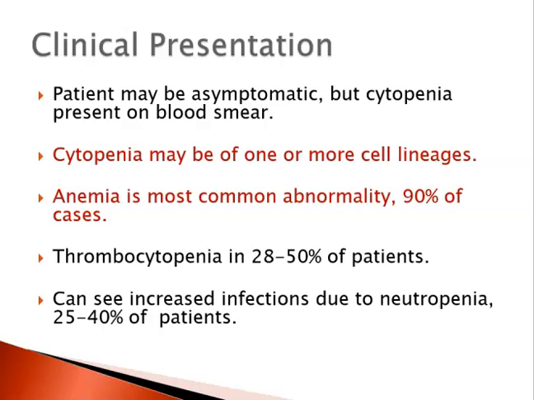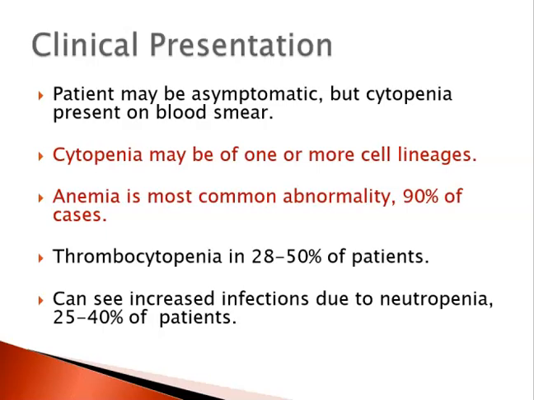So what is the clinical presentation of MDS, or myelodysplastic syndrome? The patient may present asymptomatic but may have cytopenia present in the blood smear. The cytopenia may be from one or more cell lines. Anemia is the most common abnormality, and it's seen in about 90% of cases.